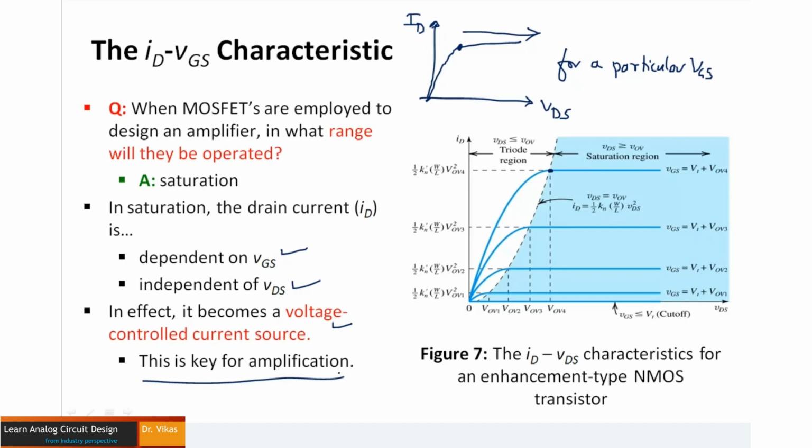One of the other applications is what? It is going to behave as an on-off switch. Basically, when the channel is formed, I say it is an on switch. When the channel is not formed, it is behaving as an off switch. That is altogether a different application. Now, with respect to the major application in the entire analog design, which is amplification, I see that my MOSFET has to be in the saturation region.